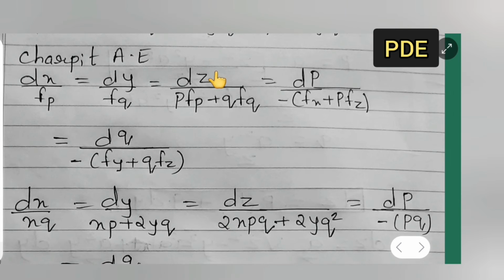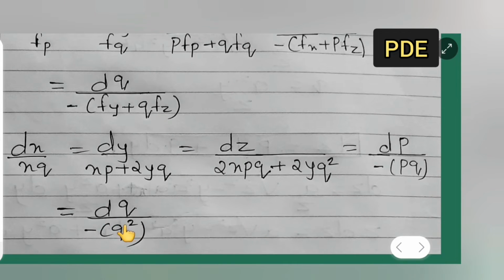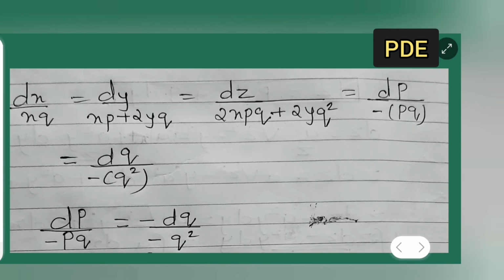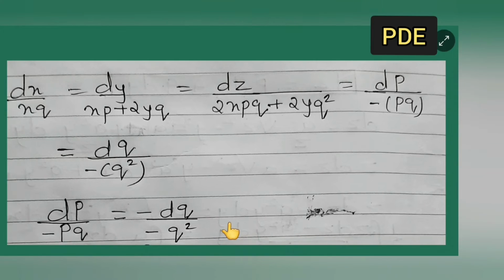So it is nothing but minus q². Okay, now I have taken this equal to this: dp upon minus pq is equal to dq upon minus q².